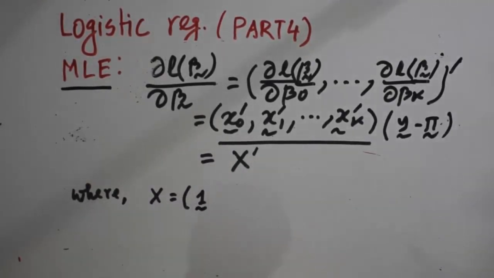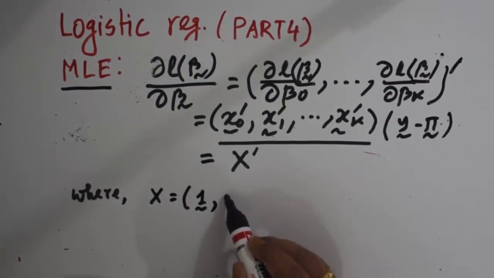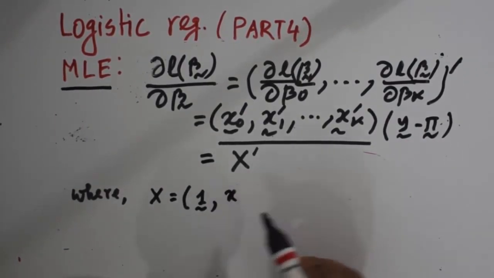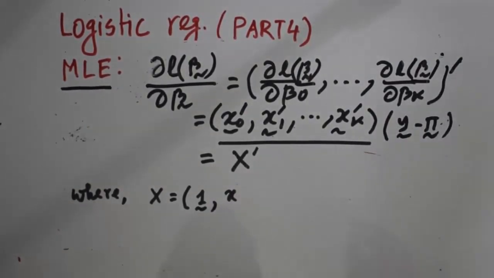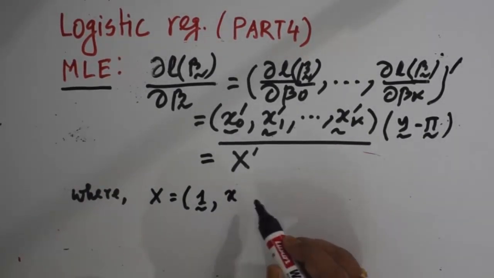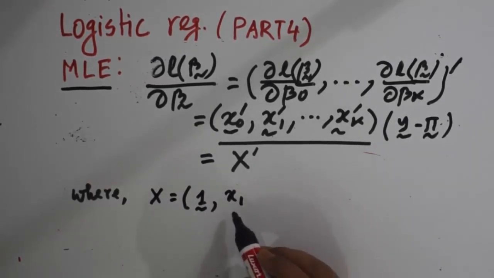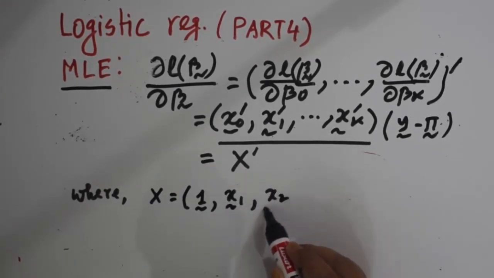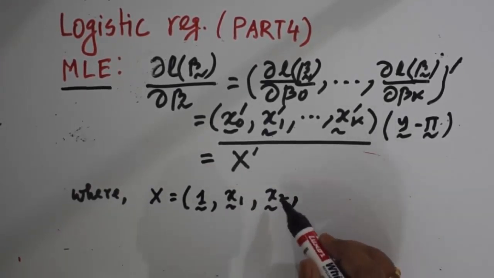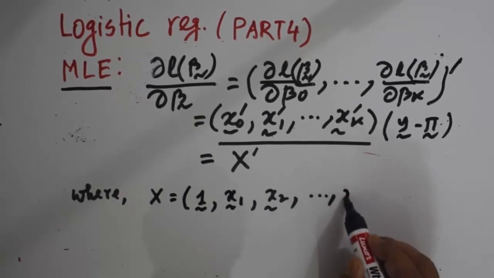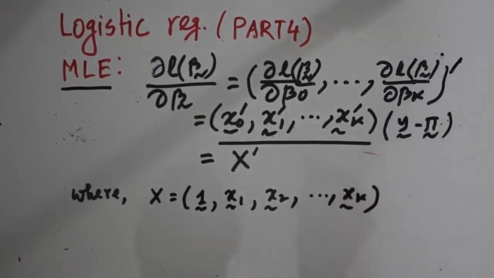The first column is a vector whose all elements are 1. The second column is the n values corresponding to the first explanatory variable, this is for the second explanatory variable, and this is for the kth explanatory variable.